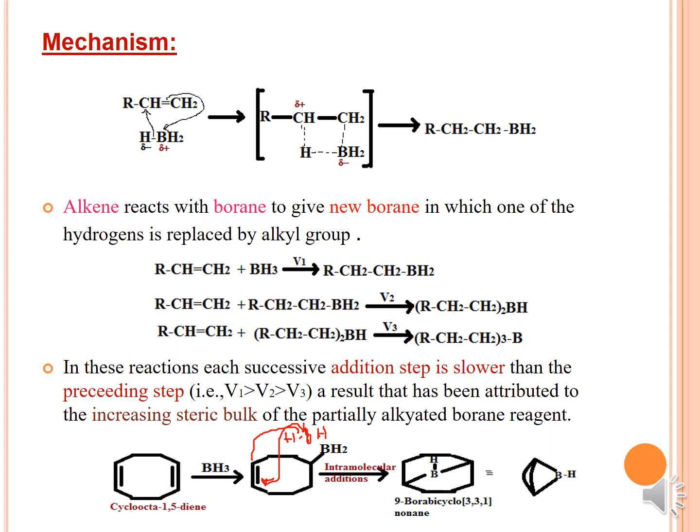Okay, so what happens here, you can see there is the formation of one bond over here, right? There is the attack of this BH over here, and there is a formation of CH2 over here. Here if you can see, the methylene group will be present, right? Then there is the formation of CH2, and then BH will go and bind, that is, intramolecularly the addition is taking place.